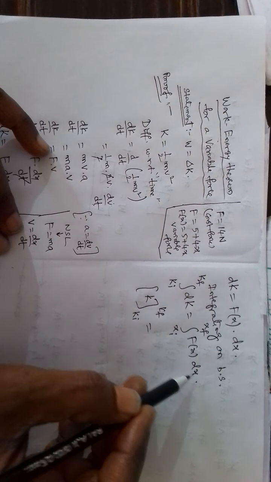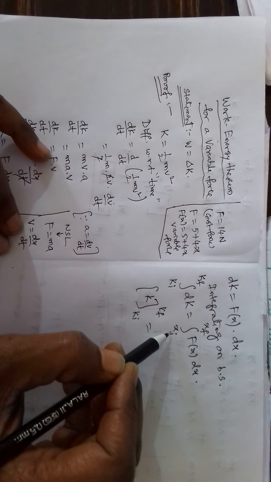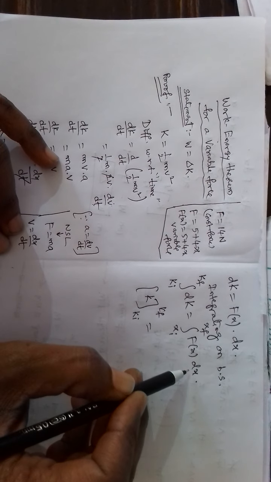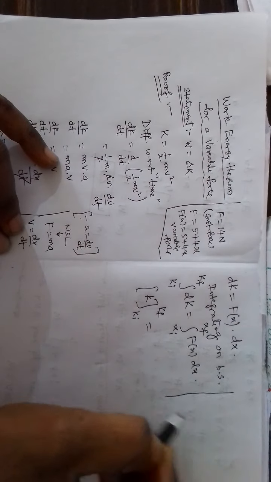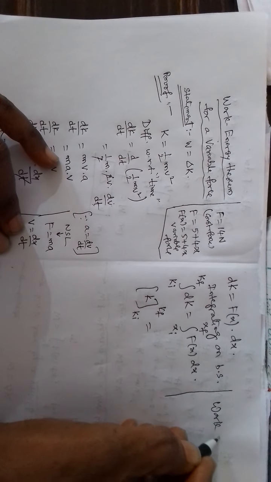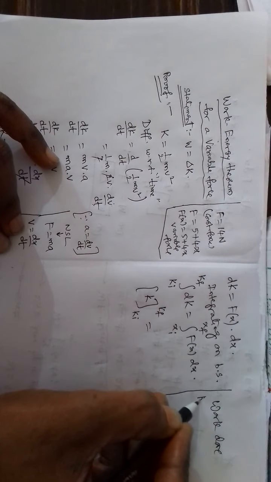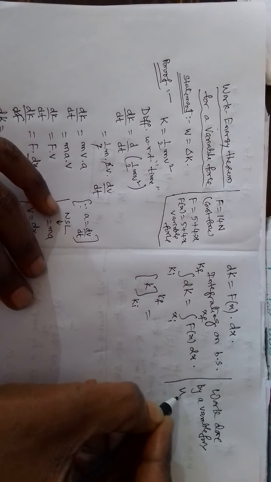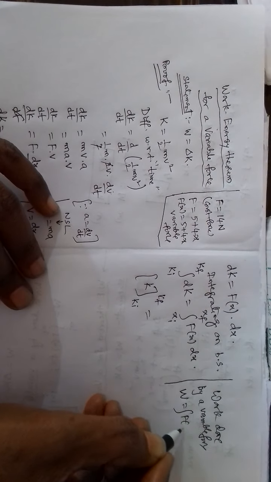And on the right hand side, you must be reminded about what definition you gave to the work done by a variable force. See, previously, how we defined work done by a variable force. Work done by a variable force was defined as W is equal to the integral of F of x dx from xi to xf.